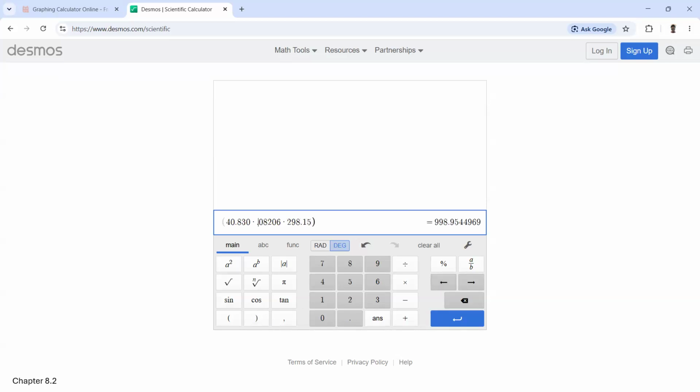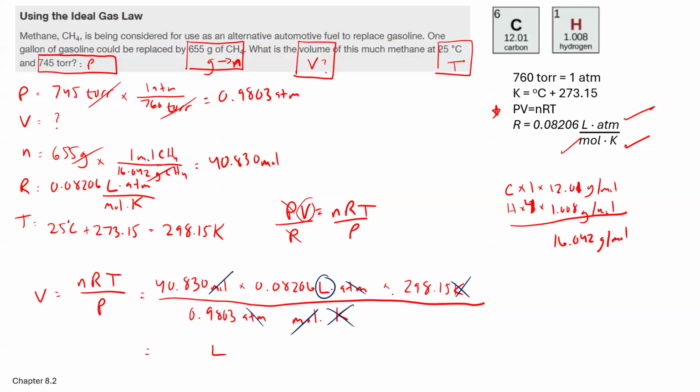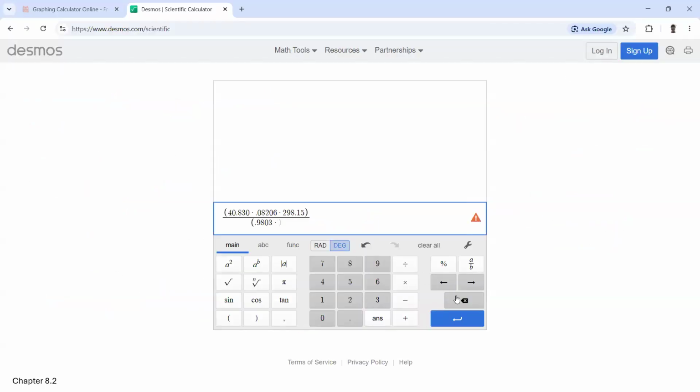We can do it without it. I just want you to, it looks a little better with them just when you're learning. Again, you don't have to do it this way. 0.9803. All right, so we have to remove that parentheses now and that multiplication sign. So it looks like that, right?